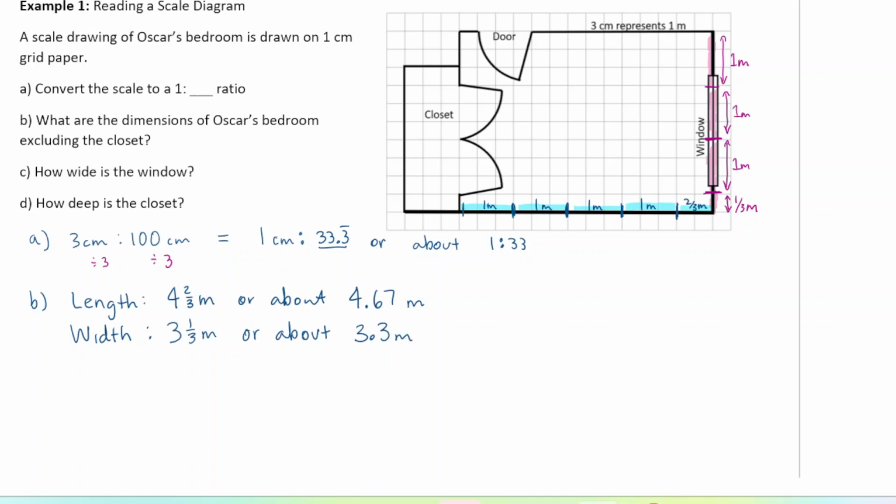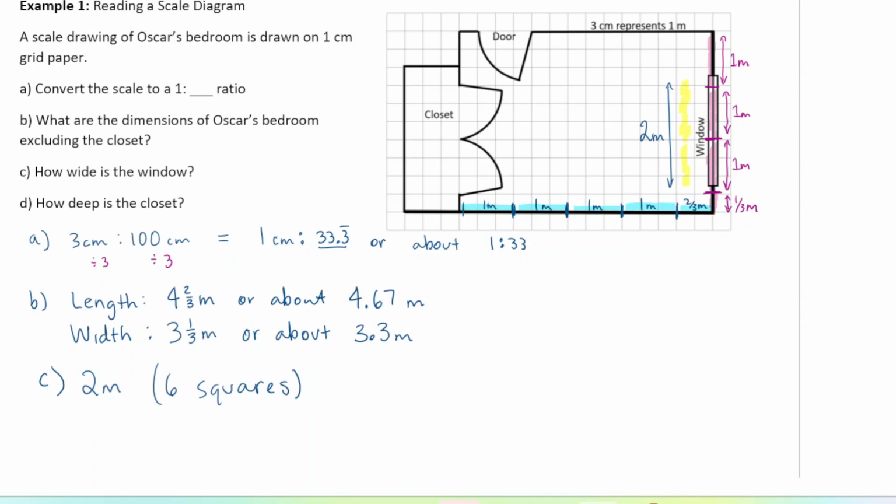Okay, C. How wide is the window? So let's look at the window. If we split it into groups of 3 again, 1, 2, 3, 1, 2, 3. So it is about 2 meters. 6 squares.